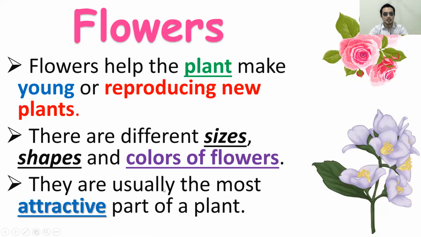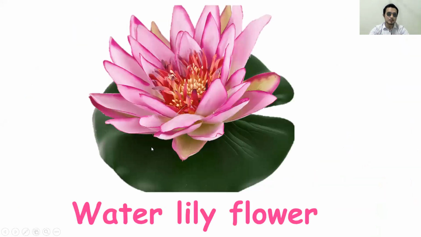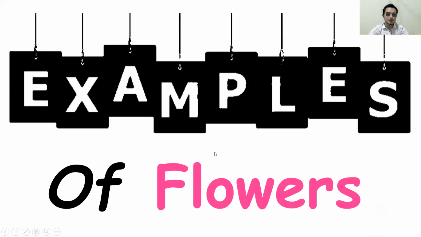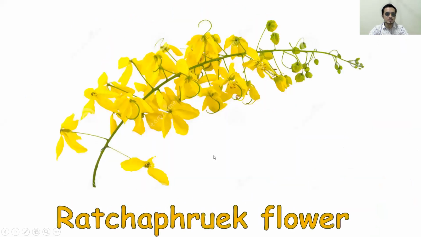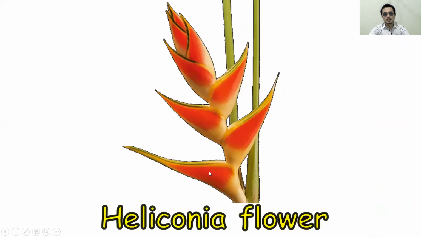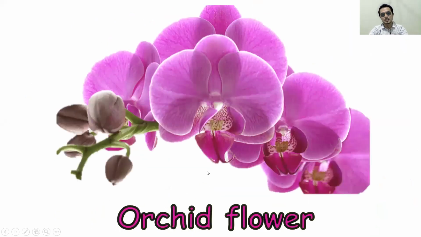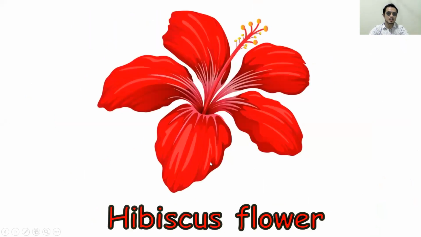They are usually the most attractive part of a plant. Examples of flowers, we have water lily flower, Ratchaphruek flower, Frangipani flower, Heliconia flower, orchid flower, and hibiscus flower. So those are the different kinds of flowers.